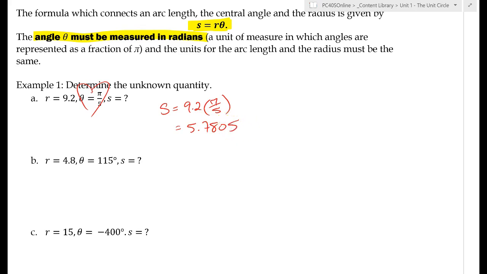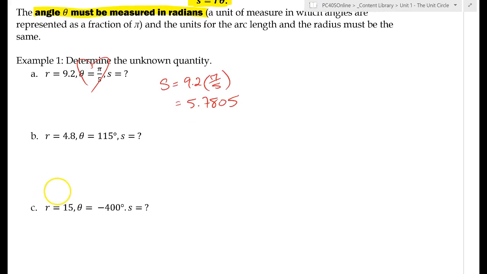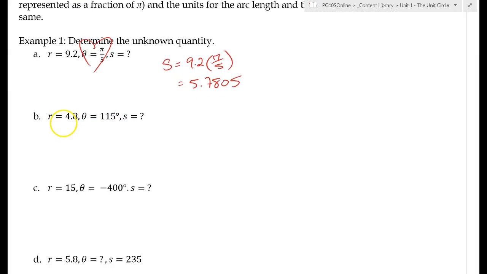In our second part of the example, unfortunately, it is in degrees, so we're going to add that extra step of having to convert to radians first. So we've got 115 degrees. I want radians, so I'm going to put them in the numerator, and I already have degrees, so I need to be able to cancel them out, so they need to go in the denominator.